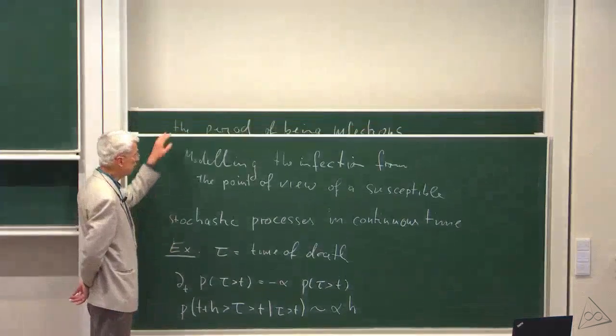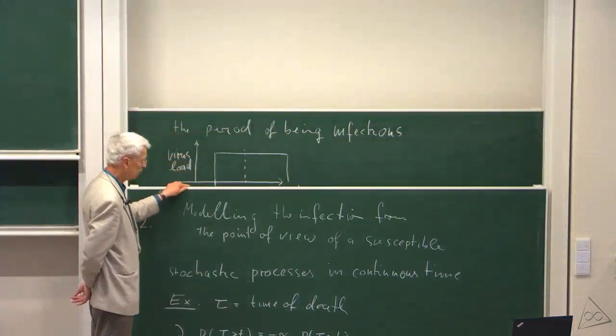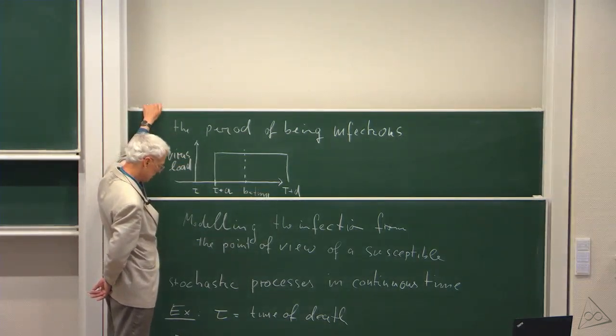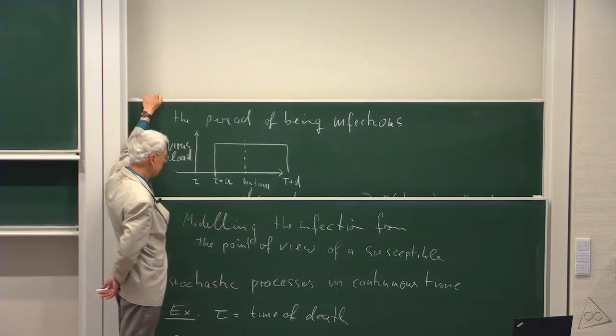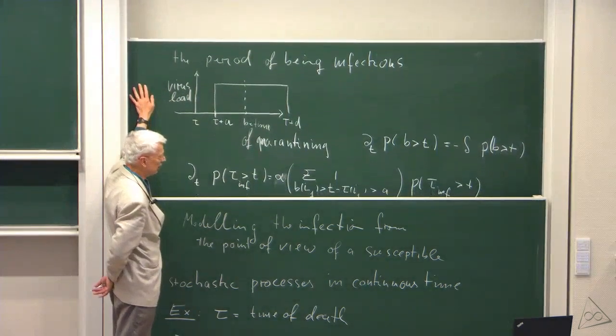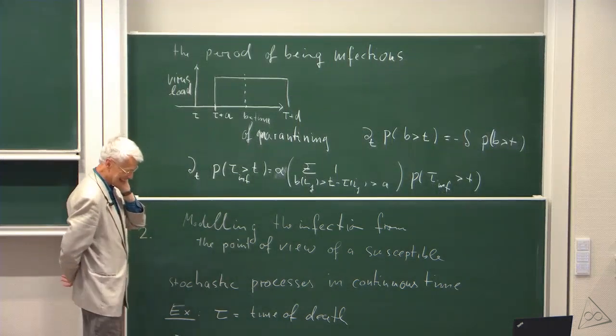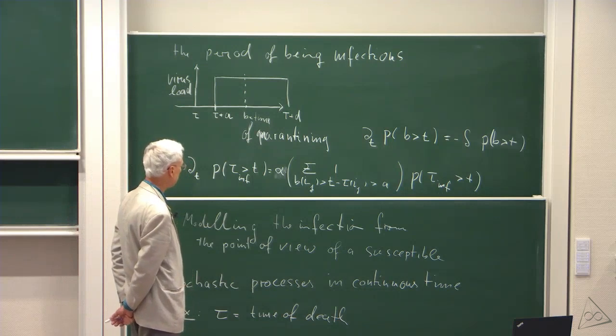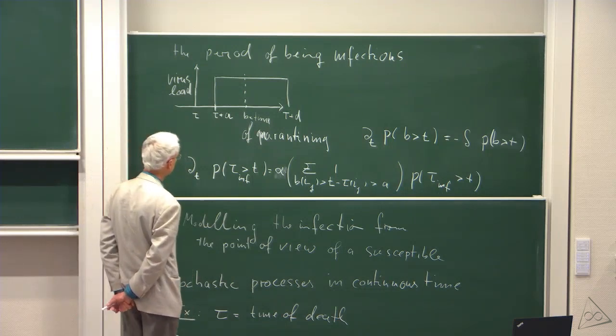Now, I prepared, as before, one blackboard behind, and now instead of the death process, we are looking here at a process which is modeling what is happening in an infectious disease, let's say, like corona. So I have a very simple model.